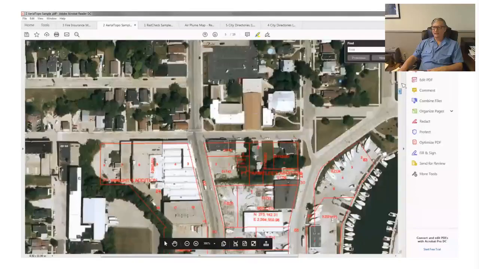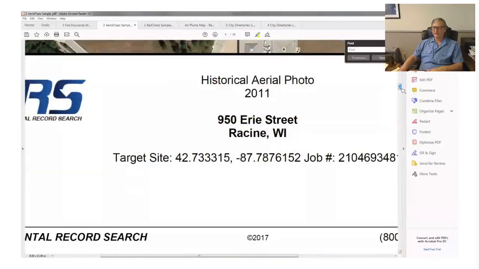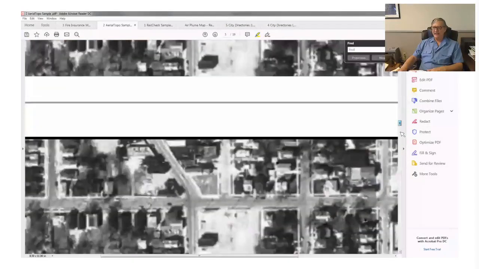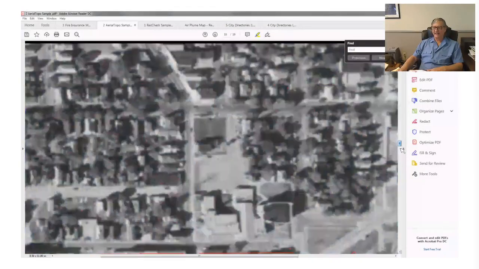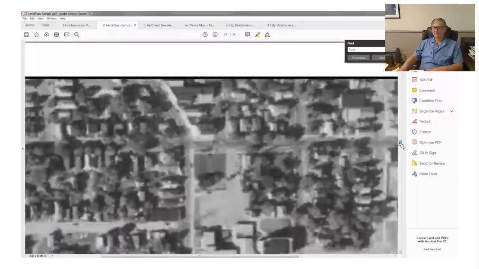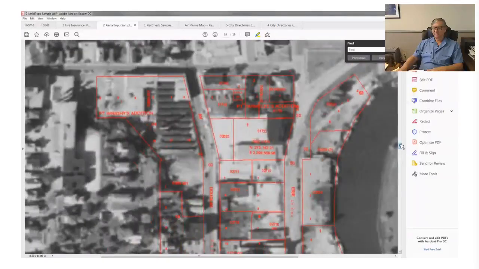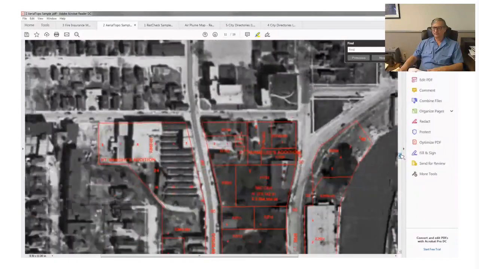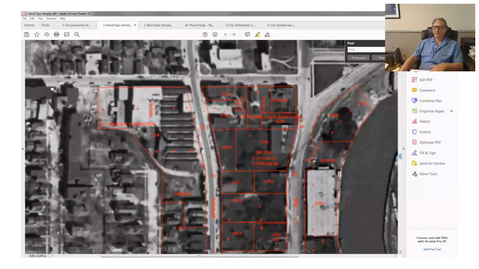So let's go. That was, let's see, that was 2011. Let's skip ahead because I'm going to run out of time. Okay, obviously I'm too zoomed in here, right?